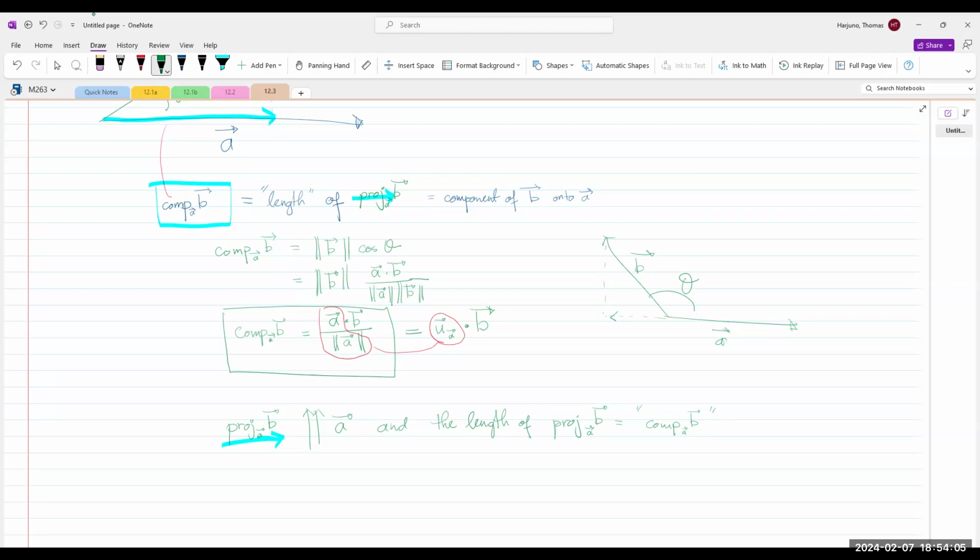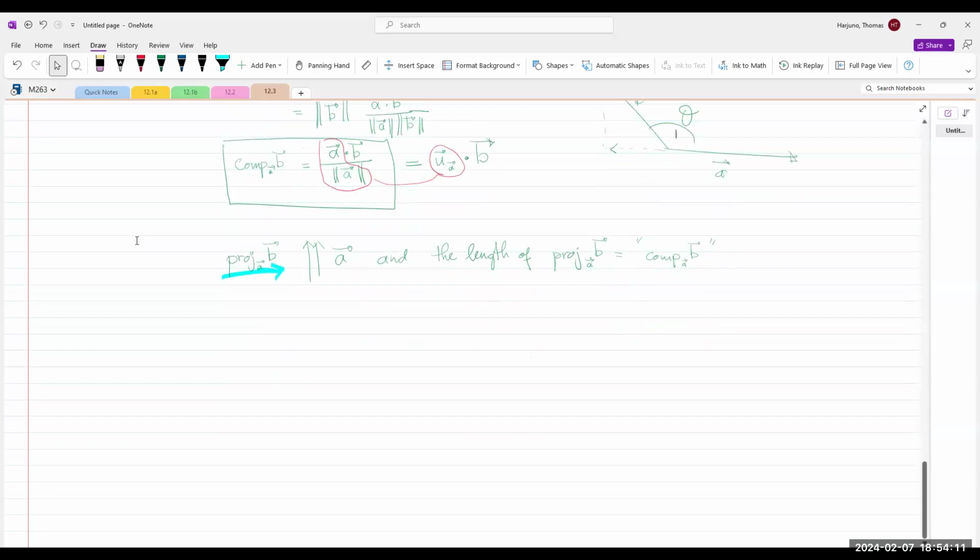Okay, but what I want to teach you is the following: if you know that two vectors are parallel, so they have the same direction but different length, how do we find the vector, in this case the projection of B onto A, in terms of A and B?